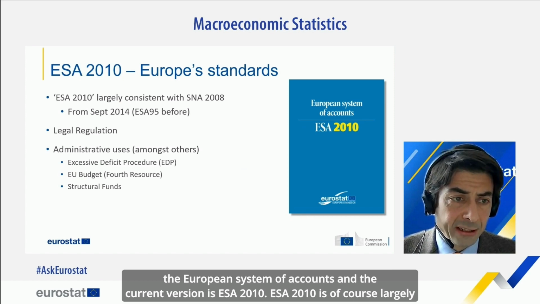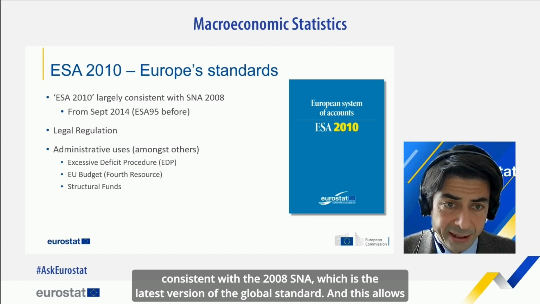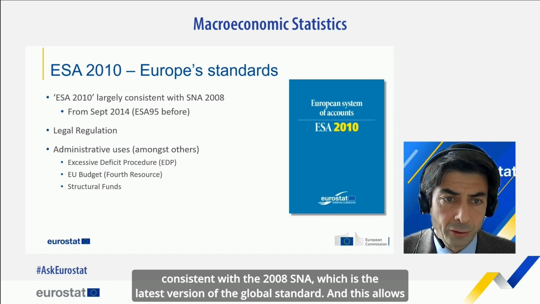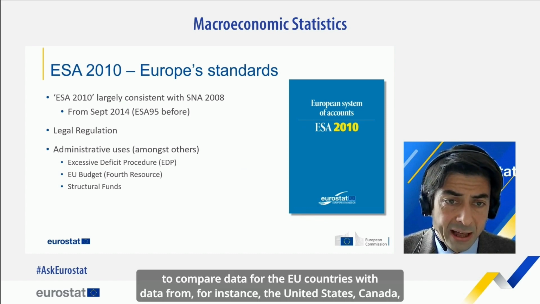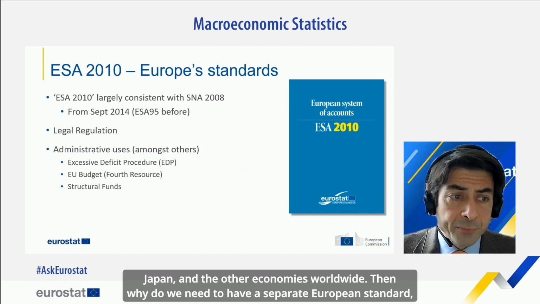ESA 2010 is, of course, largely consistent with the 2008 SNA, which is the latest version of the global standard. And this allows to compare data for the EU countries with data from, for instance, the United States, Canada, Japan, and the other economies worldwide.